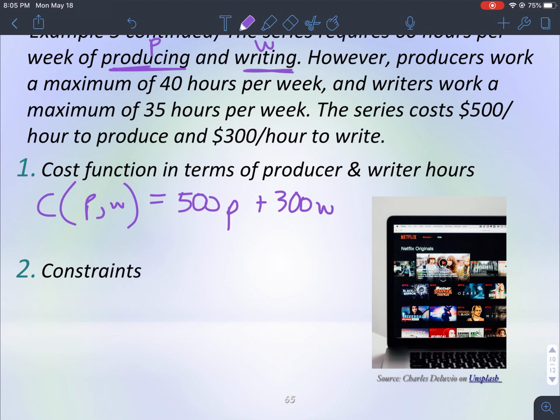Producers work a maximum of 40 hours per week. So the producers will work no more than 40. The writers will work no more than 35.